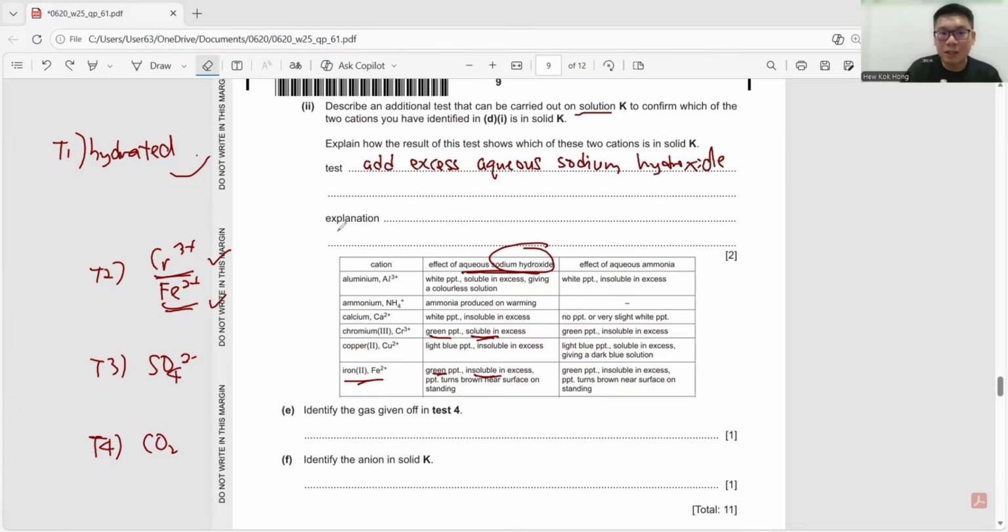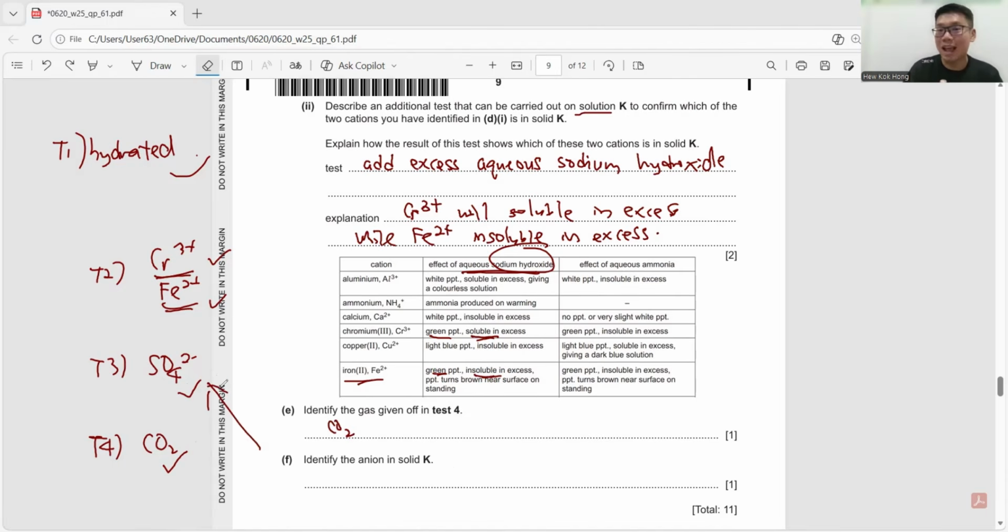The explanation is chromium 3 plus is soluble in excess, while iron 2 plus is insoluble in excess. Then E, identify the gas given off in test 4, just carbon dioxide, and identify the anion in solid K. We can refer to test 3 that we haven't used yet, it is sulfite ion.